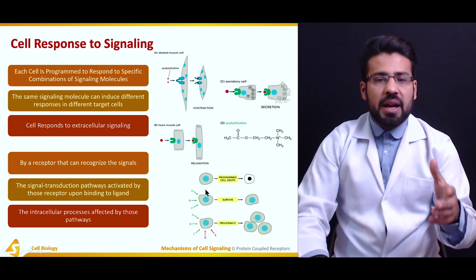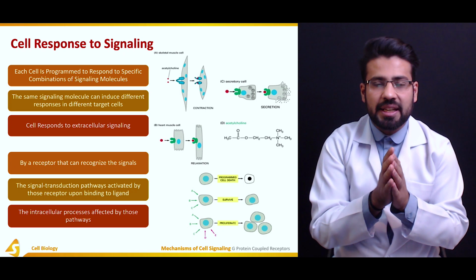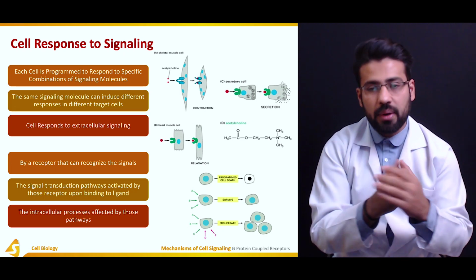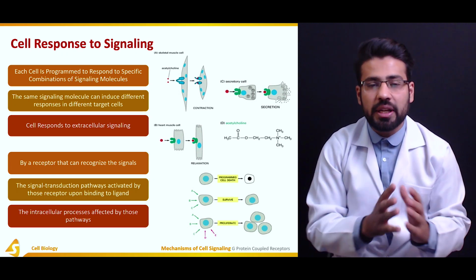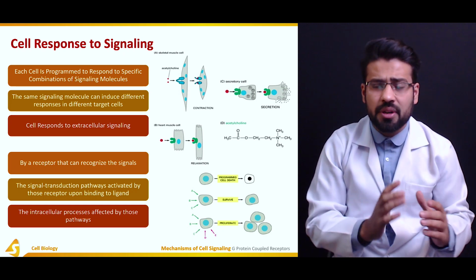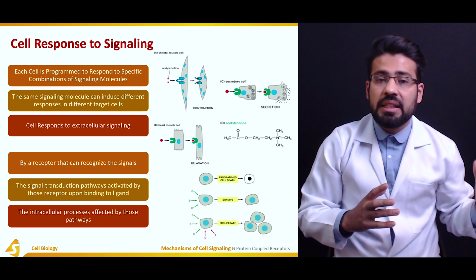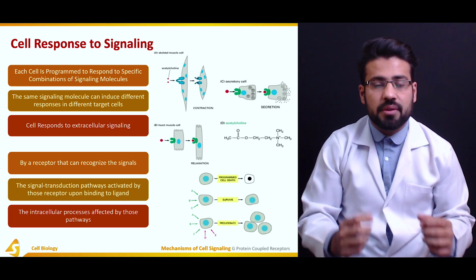Before moving on, it's an established fact that the cell responds to signaling in a different way even if that particular signaling molecule is the same. We have here an example of acetylcholine, which is a neurotransmitter. It has different effects on skeletal muscle cells, heart muscle cells, and secretory cells, of course.